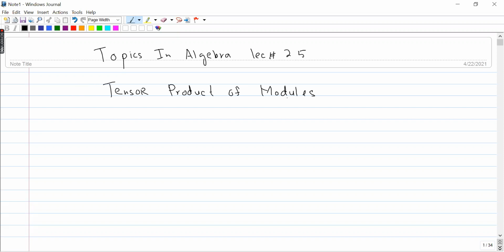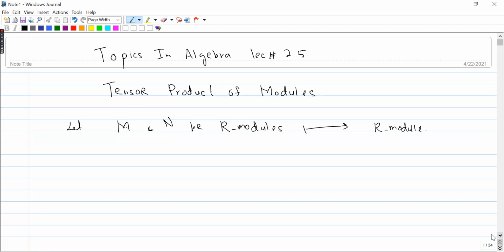It is an operation between two modules: if M and N are R modules, then after taking their tensor product, again we will get an R module. So it is an operation between two modules.